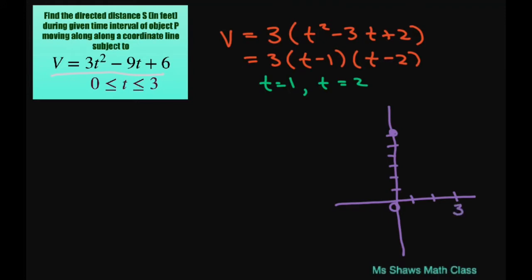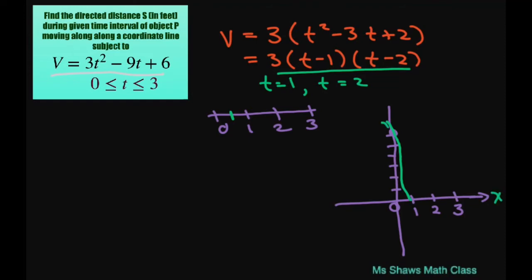What we want to look at is 1 and 2, and look at this as a sign diagram: 0, 1, 2, and 3. If you look at a number between 0 and 1 and substitute it back in, you're going to get positive. So it's above the x-axis.